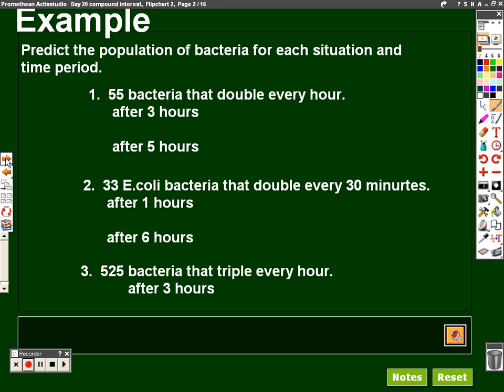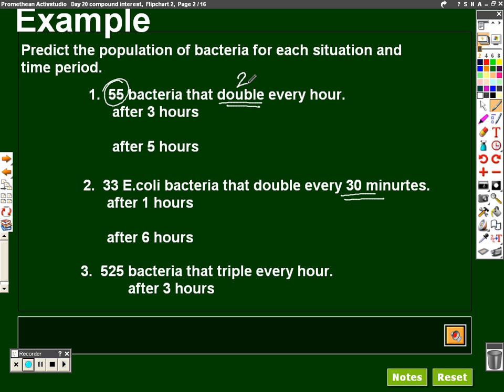All right, so I think you guys can do this. There's a couple things we need to consider with this every 30 minutes, so we'll talk about that. But predict the population of bacteria for each situation in each time period. So we need to know how many initially were there. 55 bacteria initially, and it doubled. So this is important.